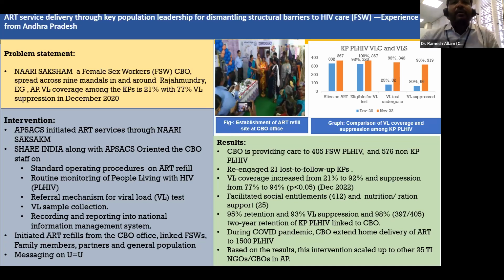We wanted to ensure that ART is provided in their own community setting, so we did this as a link ART center. If you see the graph, this has increased their suppression rates to almost 98-99%. Retention is 93%. So giving ART within the community setting in a stigma-free environment will enhance retention rates.